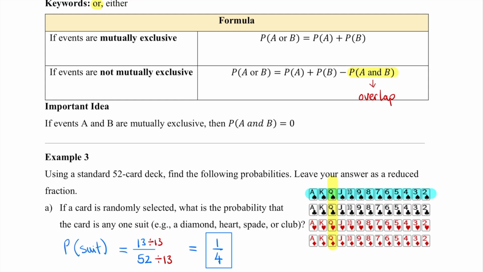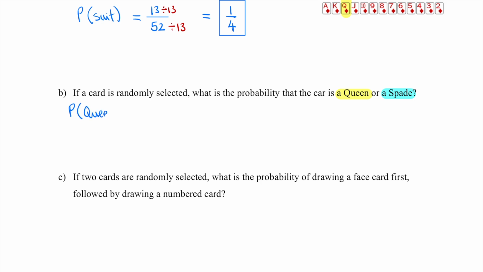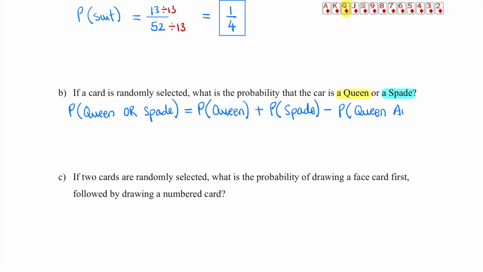So we are going to use this formula. The probability of queen or spade equals the probability of queen plus the probability of spade minus the probability of queen and spade. There are 4 queens in the deck of cards.